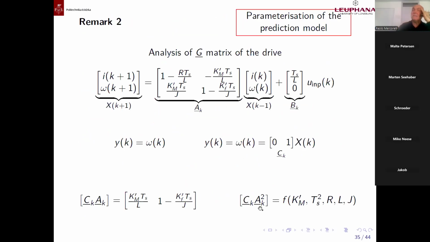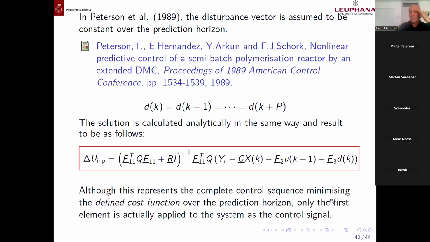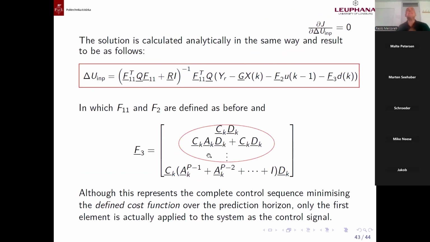And now instead of B, do you remember, I characterize the input D as a non-accessible input. This means, assuming that D is constant, of course, the matrix F3 is exactly the matrix which I have seen, but instead of B, I have a D. I change just the map. Isn't this hypothesis a restriction?